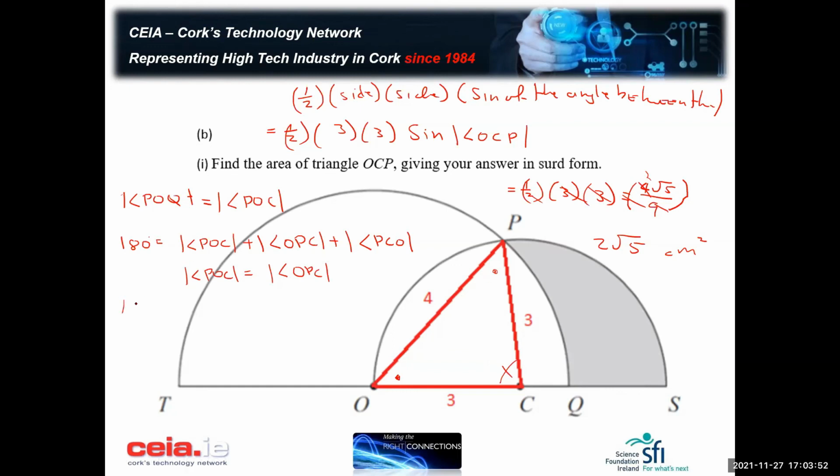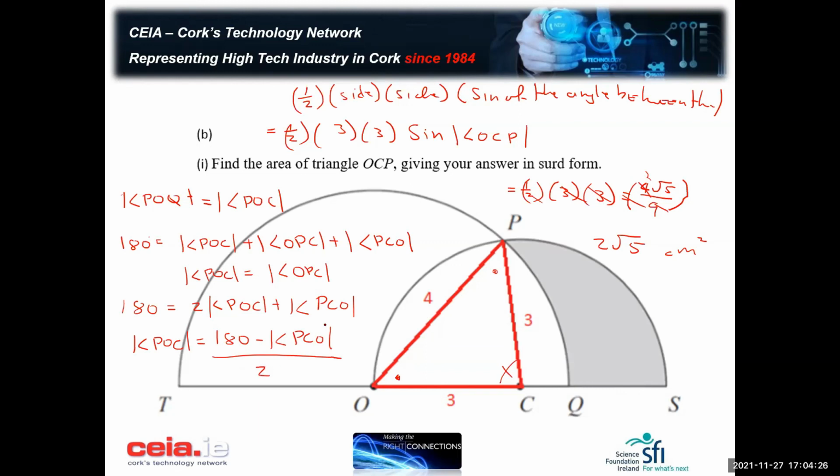So 180 degrees equals 2 times the measure of angle POC plus the measure of angle PCO. Rearranging that, the measure of angle POC equals 180 minus the measure of angle PCO, all over 2.